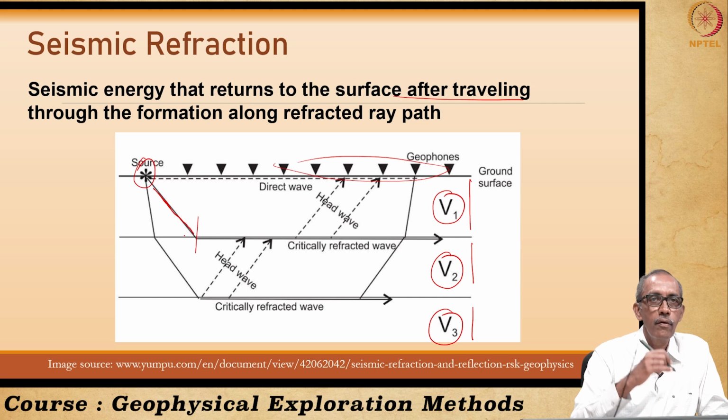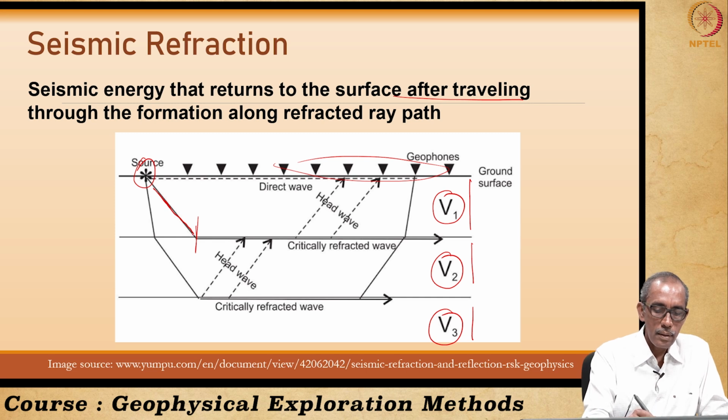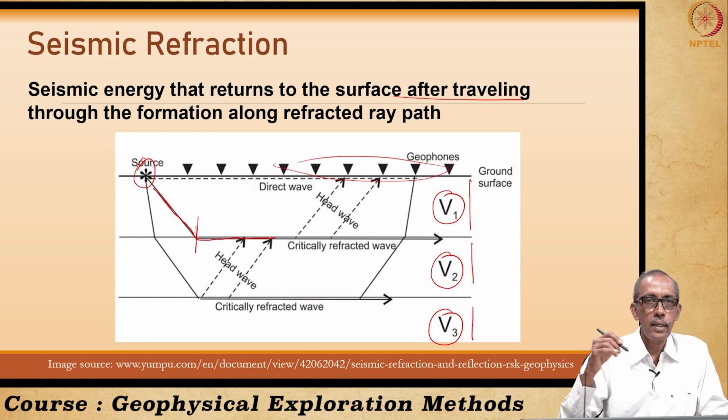This seismic wave meets the interface at critical angle. When it meets at critical angle, just like the law of light, right, as it meets the interface at critical angle, it is totally and internally refracted.